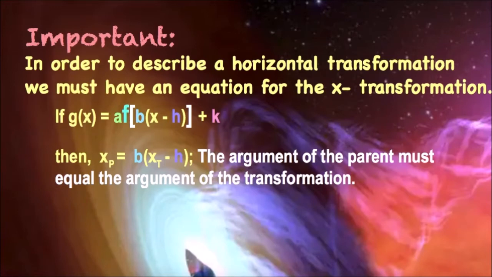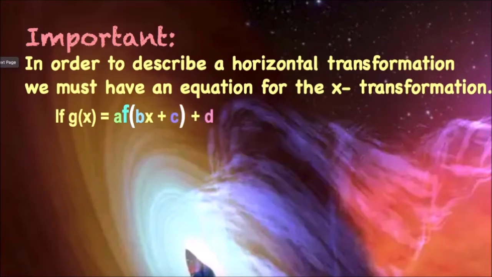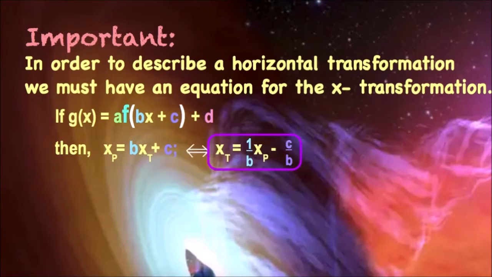The argument of the parent must equal the argument of the transformation. Equivalent to x transformation equals 1 over b times x parent plus h. If g of x equals a times f of bx plus c, everything plus d, then x parent equals b x transformation plus c. The argument of the parent must equal the argument of the transformation. Equivalent to x transformation equals 1 over b x parent minus c over b.